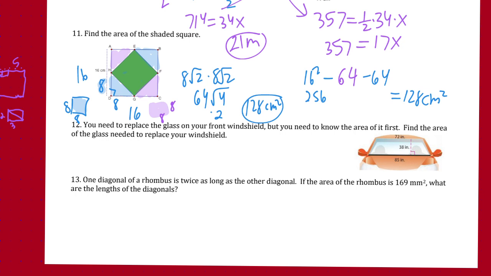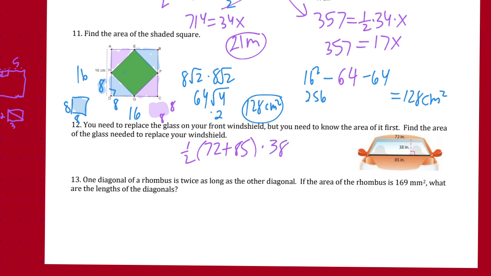The next one is a windshield that's a trapezoid of all shapes. Okay. So to find the area, we're going to do 72 plus 85, the parallel bases, take half of that, and times it by the height.